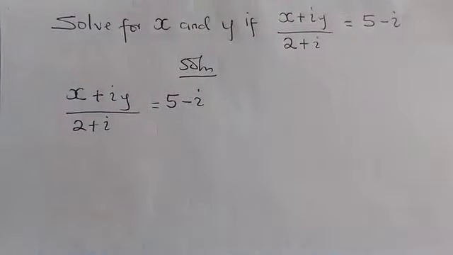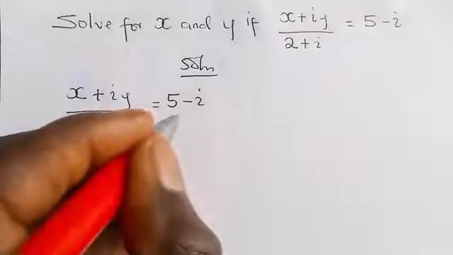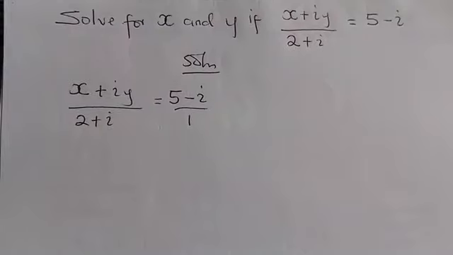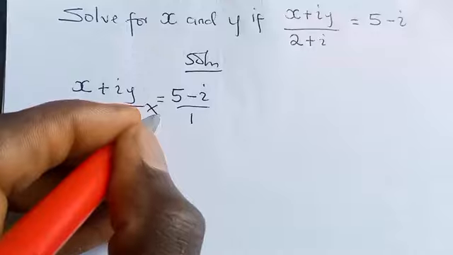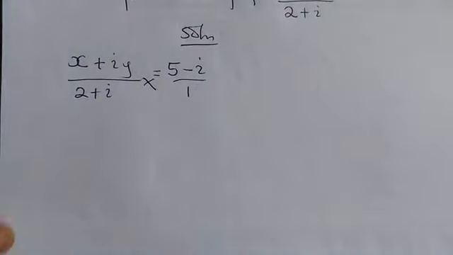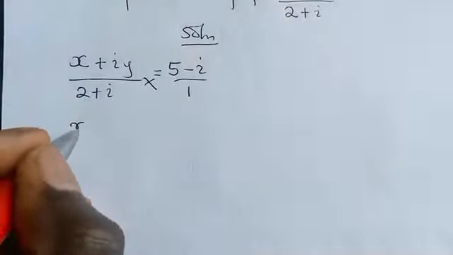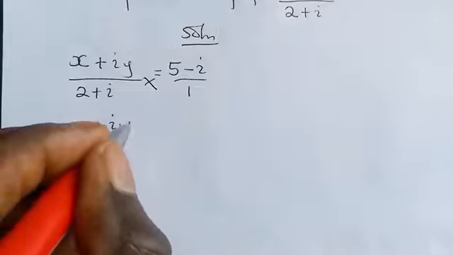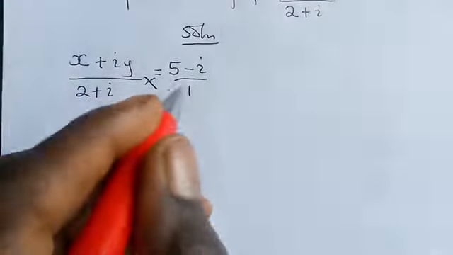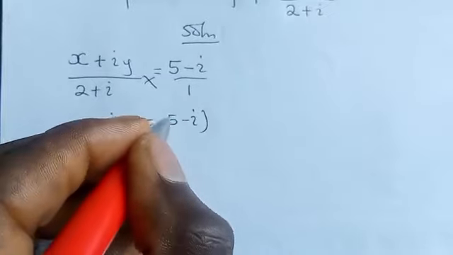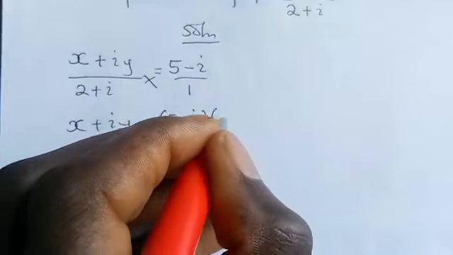If we are asked to find the value of x and y, first let's make x plus iy the subject of the formula. So we'll have to cross multiply here, and cross multiplying we will have x plus iy times 1, that's x plus iy, equal to 5 minus i, we multiply 2 plus i.